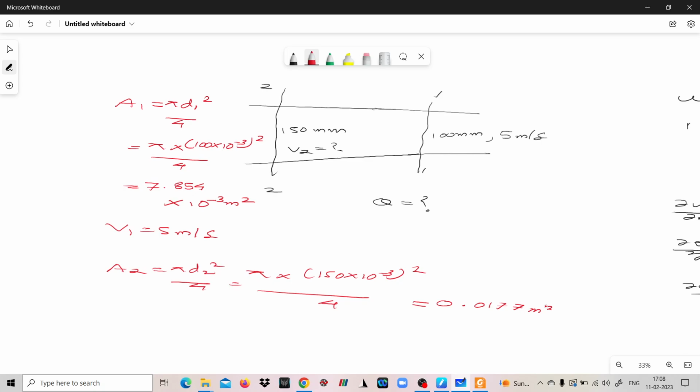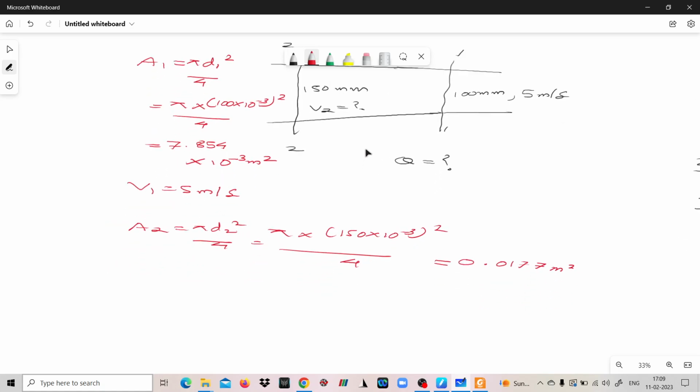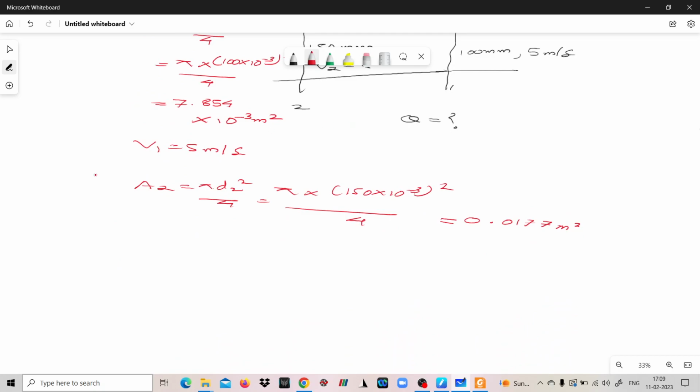Let me recheck the calculation for A1. Yeah, this is fine. And for A2, yeah, it is fine. So now if we apply the continuity equation, what do we have?